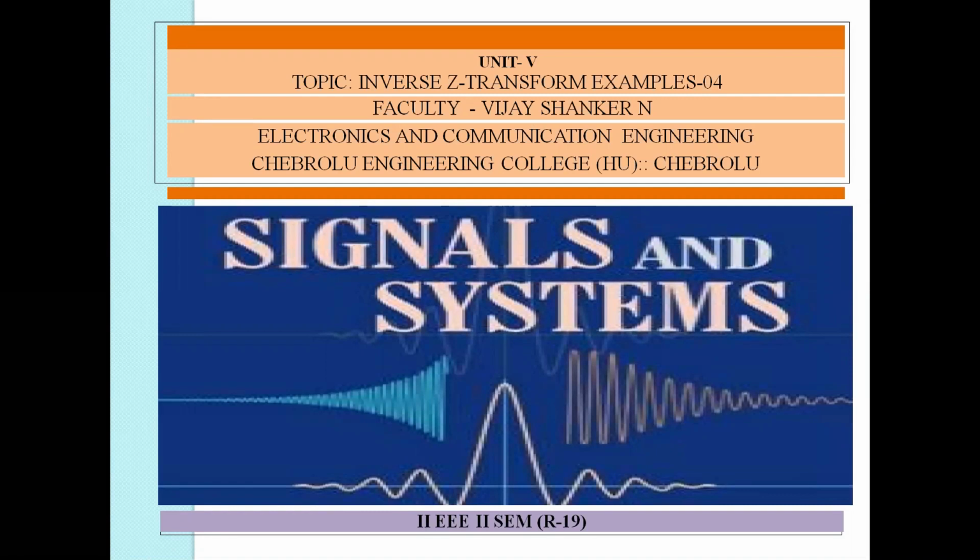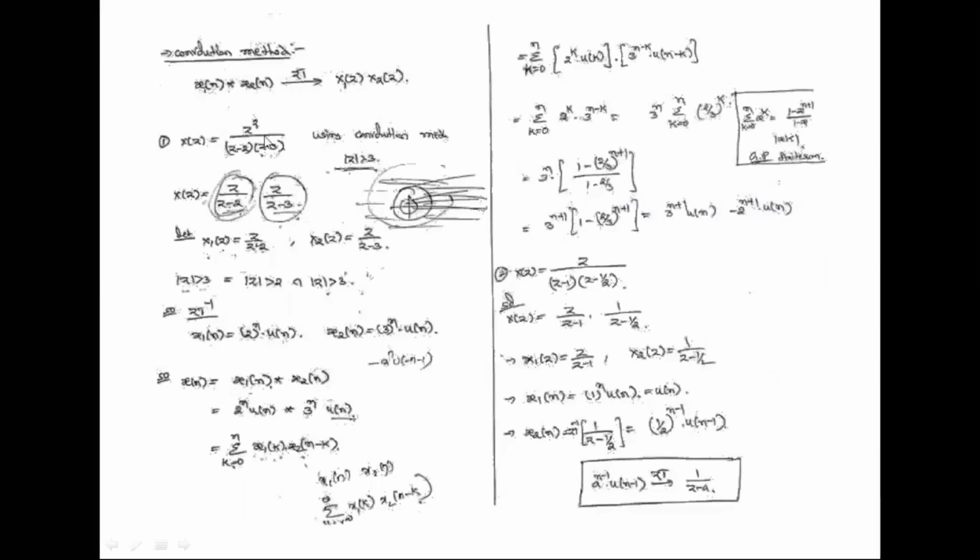Today, we are going to discuss the last topic in the 5th unit, and the last topic in signals and systems also. In the inverse transformation examples, we completed 3 methods. Next one, convolution method.